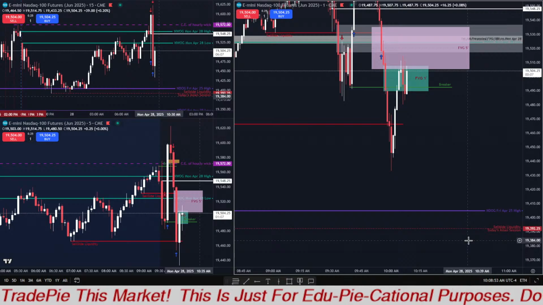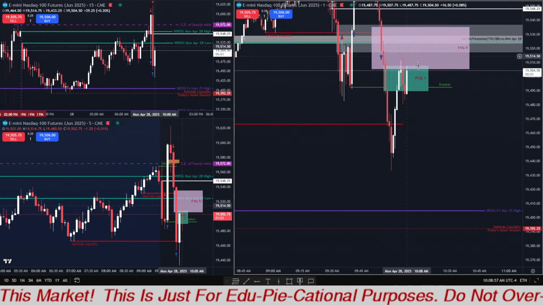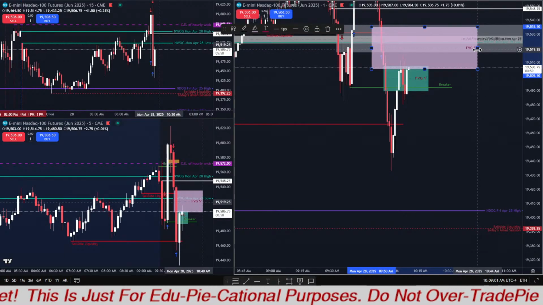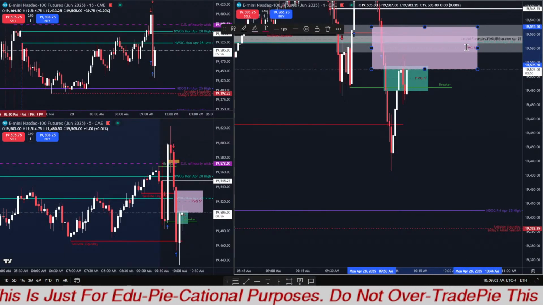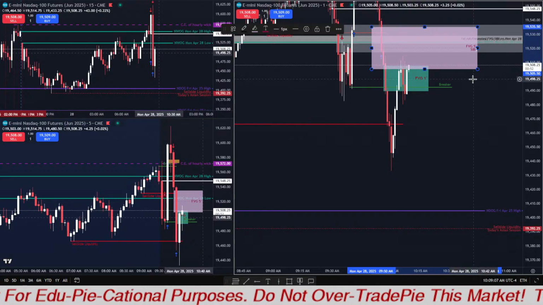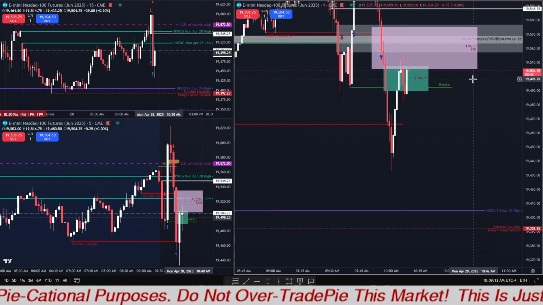We are still trading inside the breaker block over here, as well as the low of the 5-minute fair value gap type of CB. So let's see.